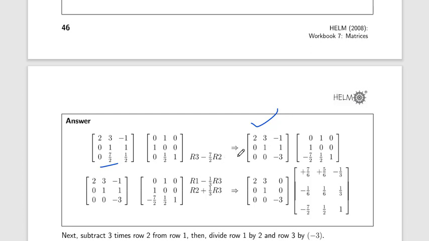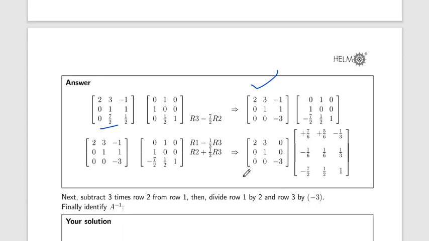Now for the identity matrix, these three also we have to transfer into 0. So first of all, how do we get 0?